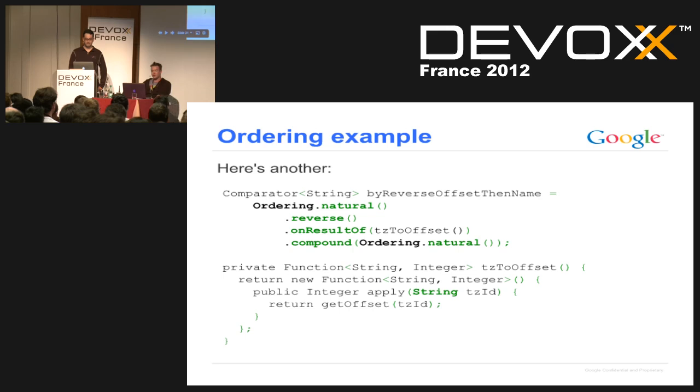Then we're going to say, apply that reverse natural ordering to the result of this function. And then if that ties, we will continue on with the compound method to then use natural ordering. I didn't actually run the unit tests on this slide, so I might have messed that up a little bit. But imagine that it does the exact same thing as this, because it should.